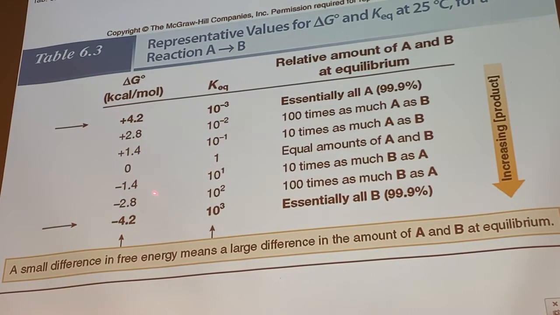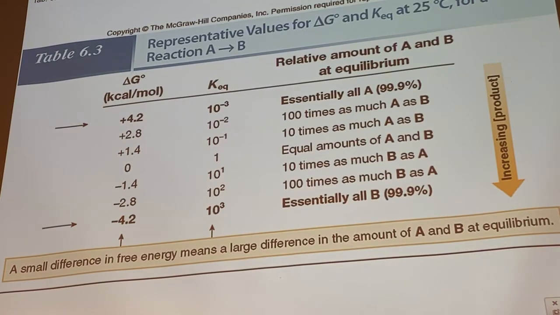All it takes is 1.4 kcals per mole to get 10 times as much of your products as you have of your reactants. Okay, just 3 kilocalories per mole would give you more than 100 times of the product than you would have of the reactant. So small differences in energy lead to big differences in concentrations of reactants versus products.